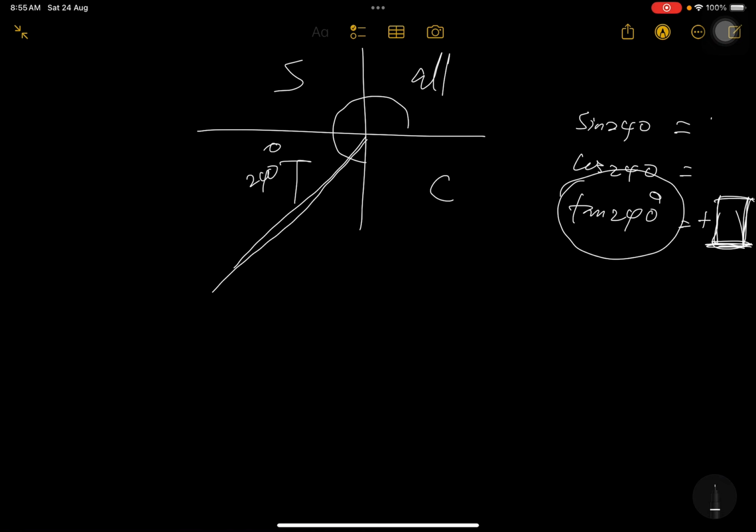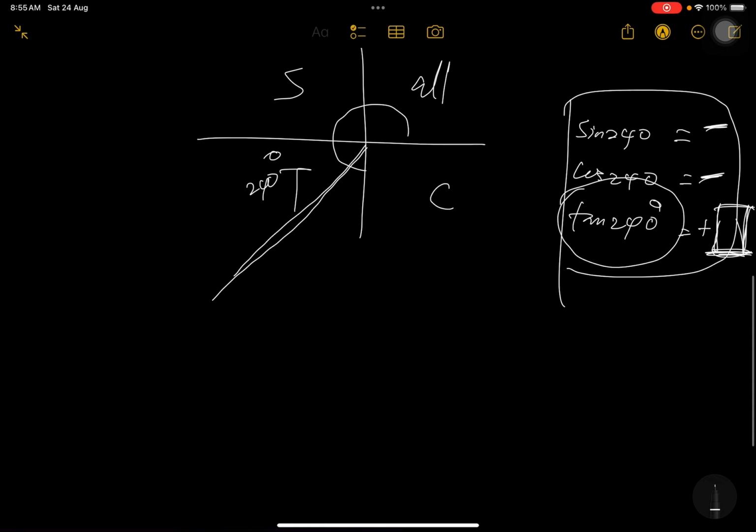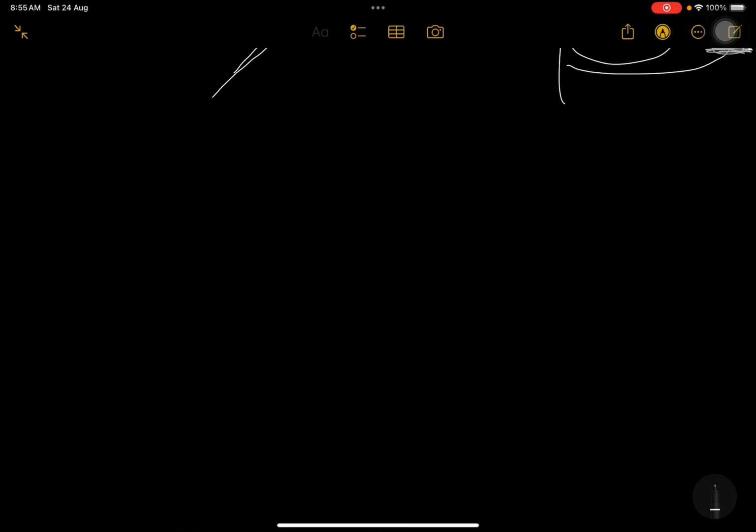Sine 240 is going to be a negative value for sure. So this is a very easy trick that you can use to analyze your values and compare them with scientific calculator values. If you put in randomly, for example, sine 300 degree, you can tell whether it's going to be negative or positive.